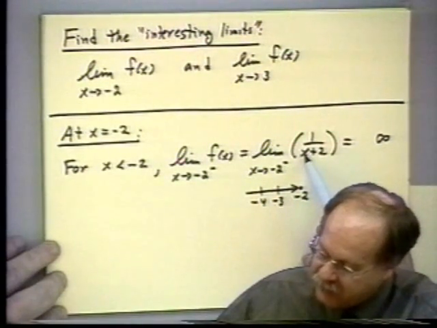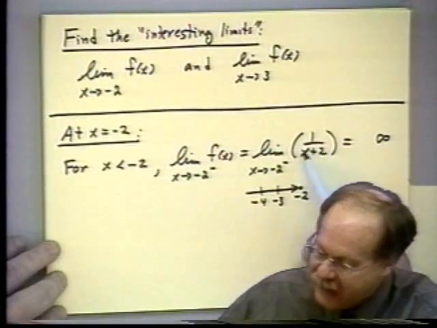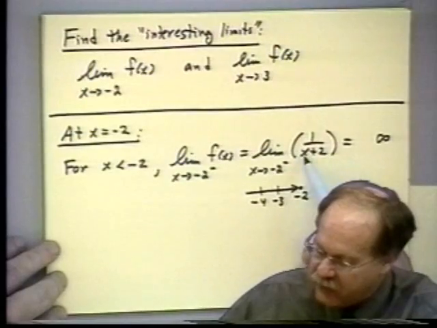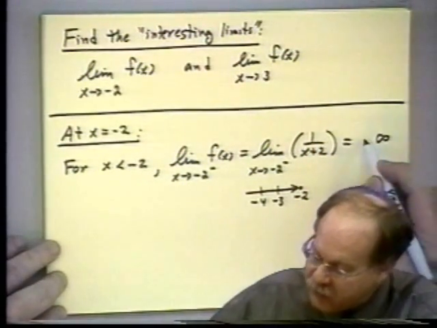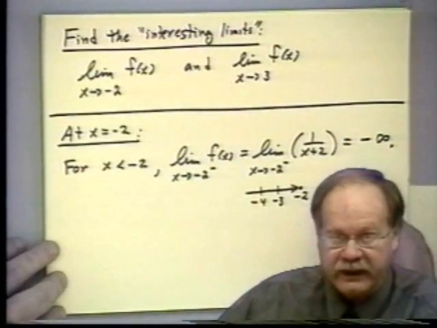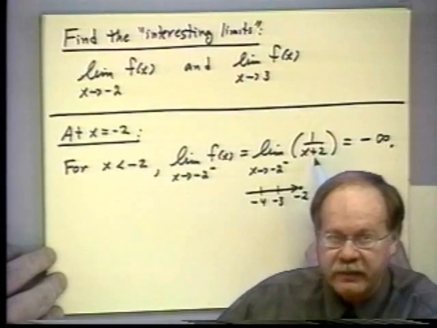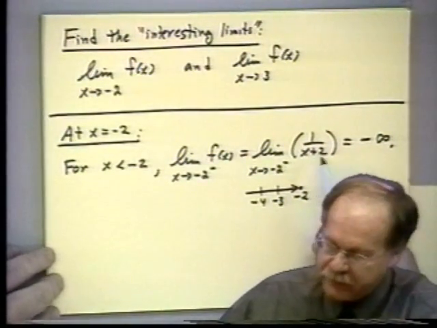And so if I took negative 3 or negative 4 in here, I would get a negative number. So as I am approaching minus 2, the x value causes this expression to be negative, which means that this will be negative infinity in the end. So that's the way you tell if it's positive or negative infinity. It's not enough to know that the bottom just goes to 0, but you have to determine what the plus or minus sign of this is.